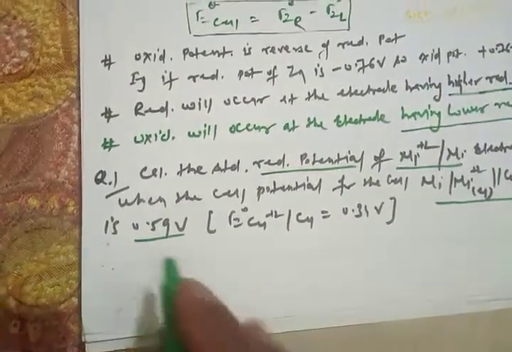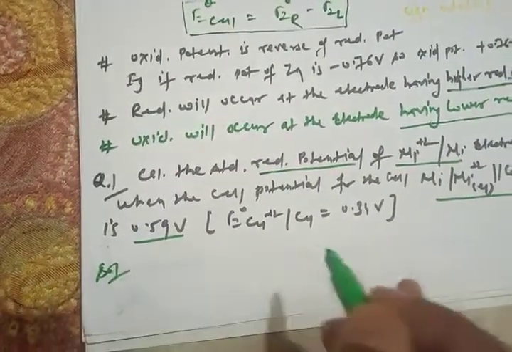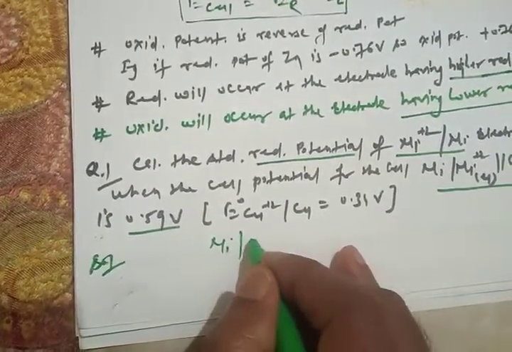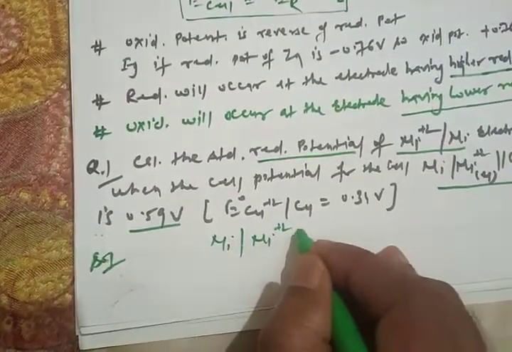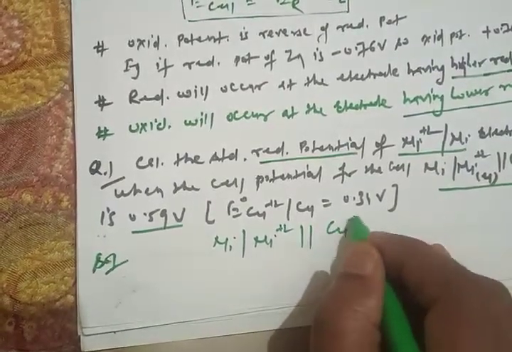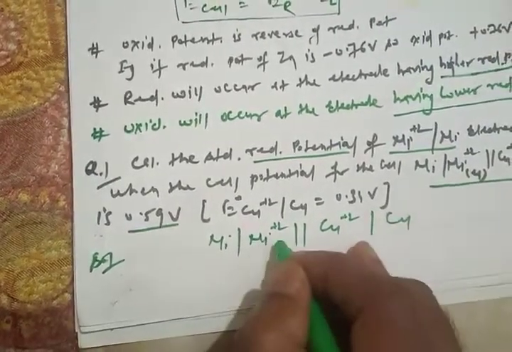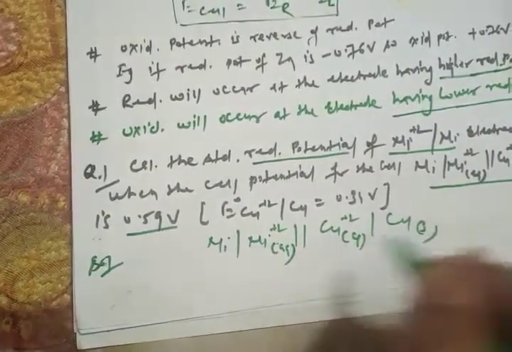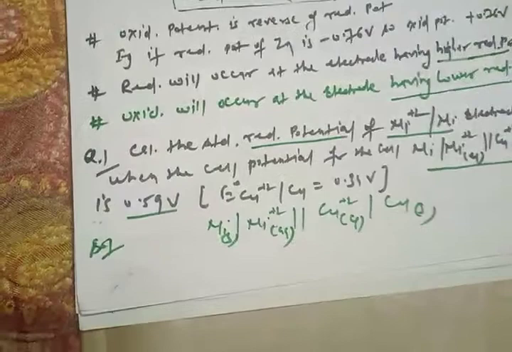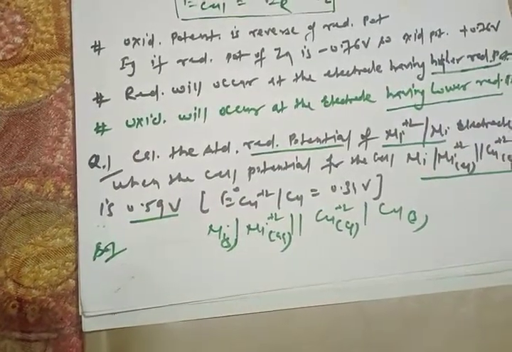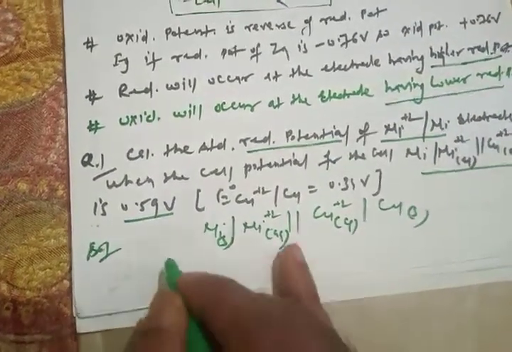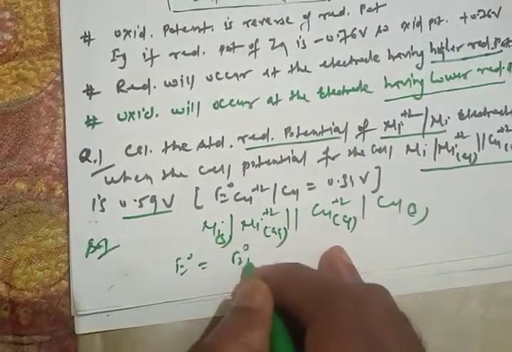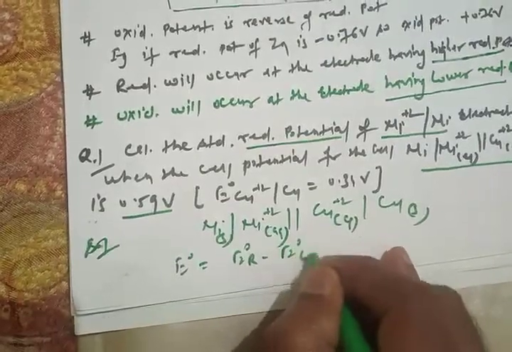So directly we will solve this problem. First we will write the cell. The cell is nickel, then nickel plus 2, then copper plus 2, then copper. This is the aqueous medium, this is aqueous, this is solid, and this is solid. So we all know that the formula for the calculation of EMF is E naught cell equals E naught right hand minus E naught left hand.